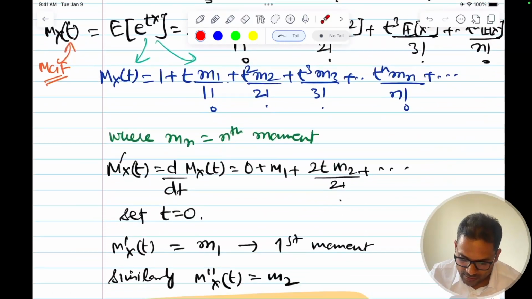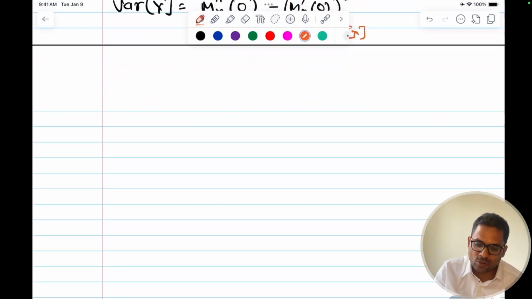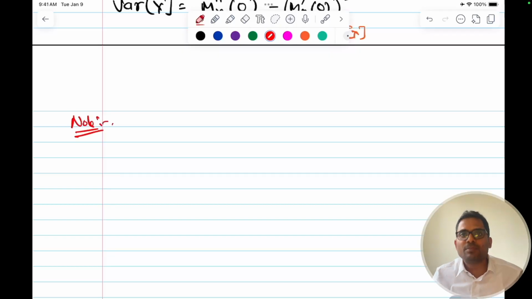Just a note that not all random variables have moment generating functions, because maybe the integration of the PDF does not converge, it tends to infinity. In that case we will not have a moment generating function. So I'll write a note for that.